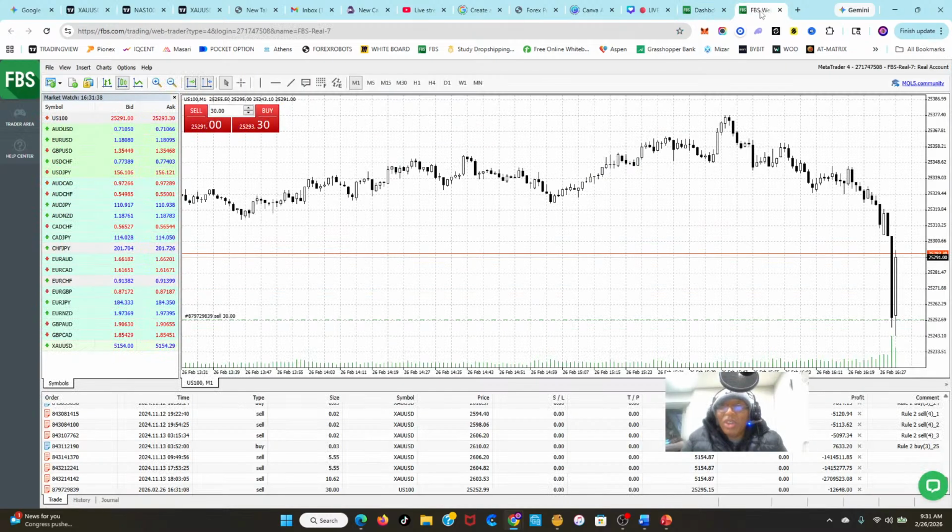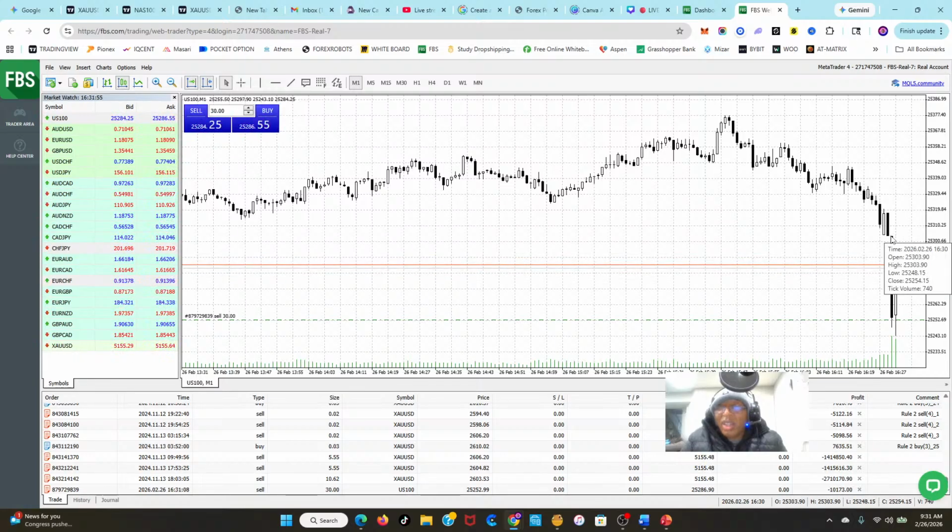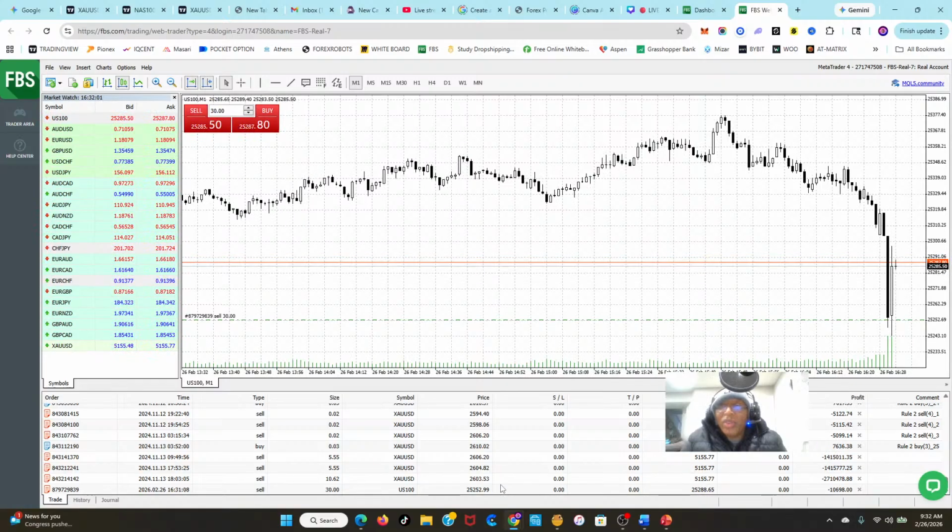So it gapped down by jumping really far. So where do we put our stop loss? See, it's going backwards. Our stop loss is going to be right there, at the bottom of that bar.